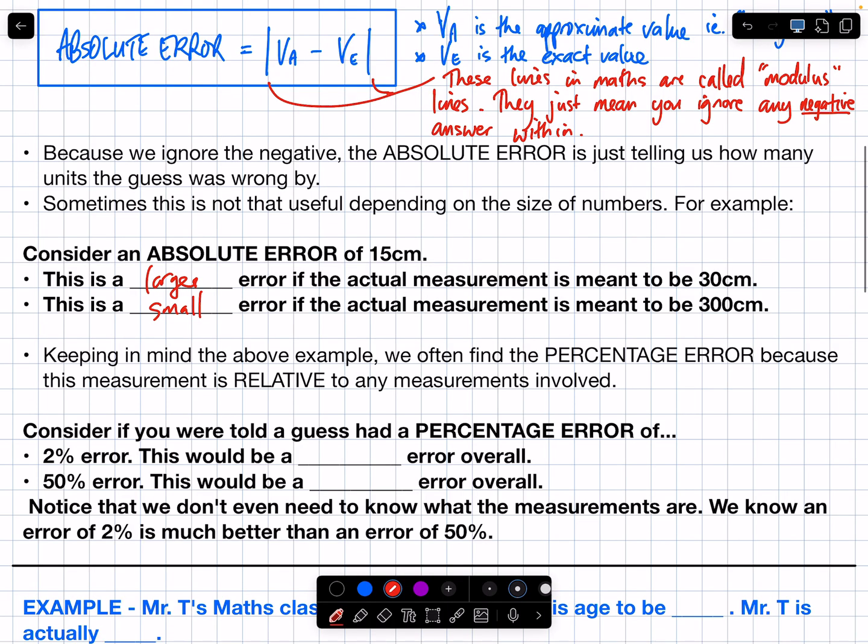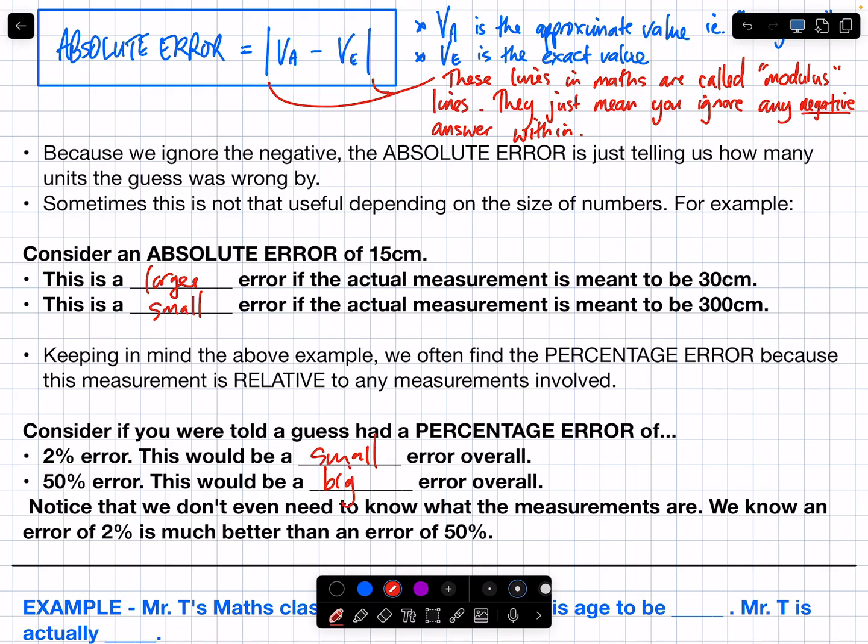So that's an example here. Consider if you were told a guess had a percentage error of 2%. Would that be a big error or small error? I was 2% wrong. Is that small? Yeah. That's a small mistake. But if I had a 50% error, would that still be a small error? Or would that be a big one? That'd be a big one.